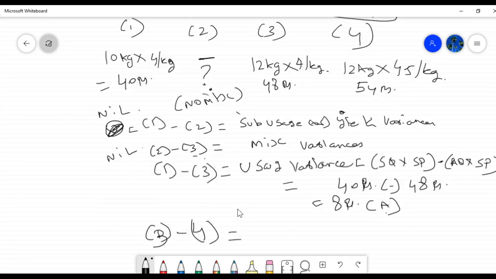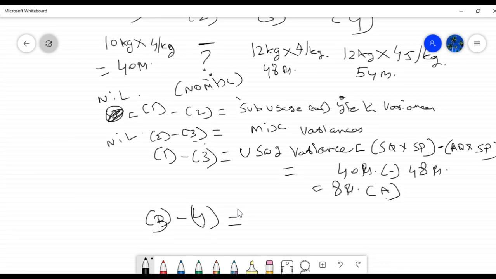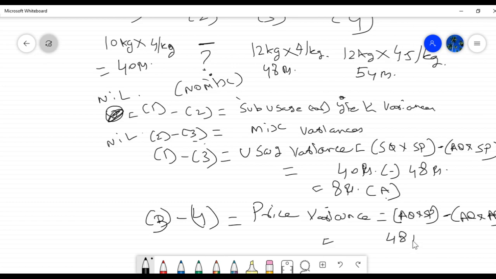Okay? Price variance. That is AQ into SP minus AQ into AP equal to 48 rupees.